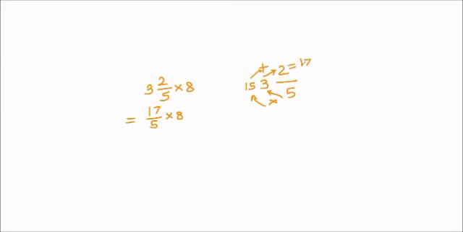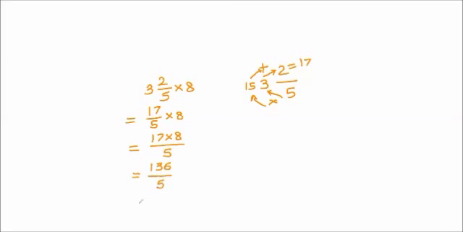So 17 upon 5. Now it is 17 multiplied by 8 upon 5. Again, I don't see a common factor. 17 is not divisible by 5. 8 is also not divisible by 5. So I need to do multiplication. 136 upon 5.